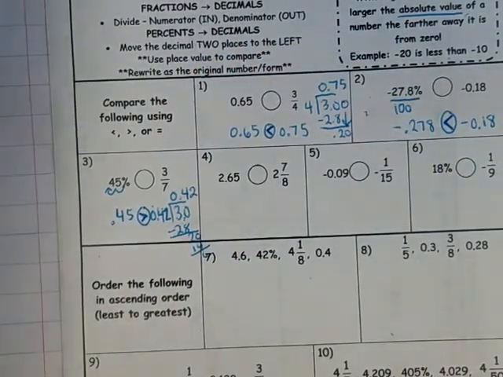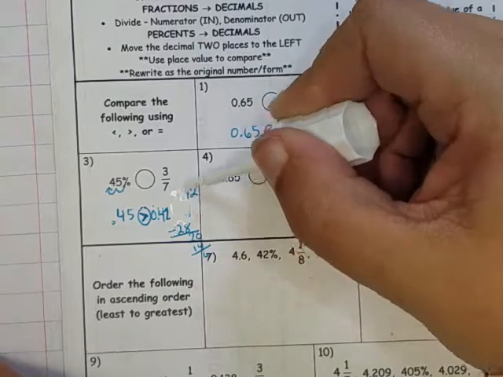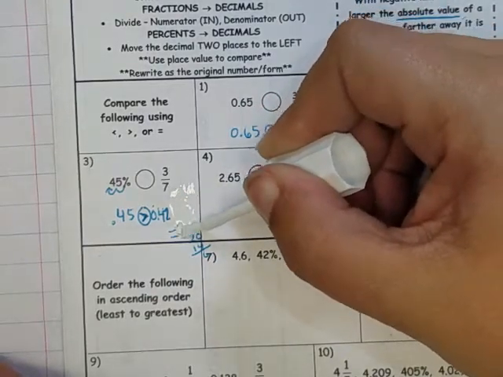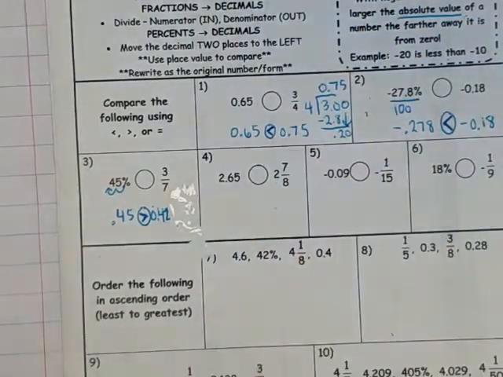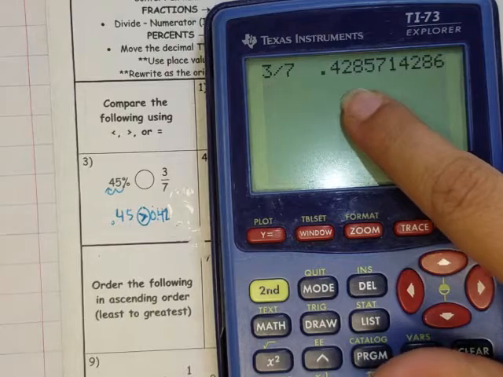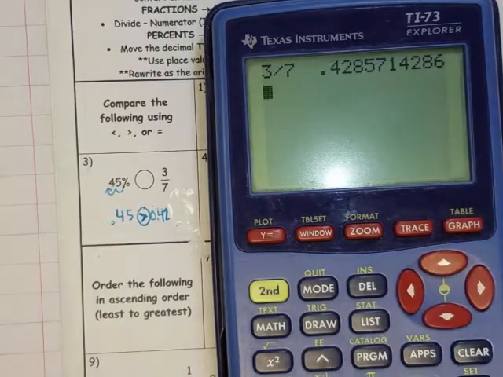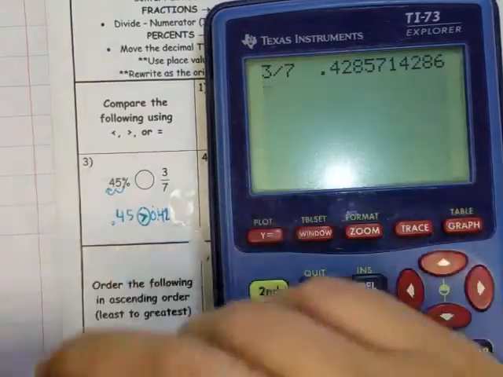Again, I apologize for the messiness of this problem. I'm going to white it out because it did get messy. So just know that 3/7 in the calculator converted to 0.42857 and just kept on going. And I compared my hundredths place, and I saw that the 5 was bigger than the 2.